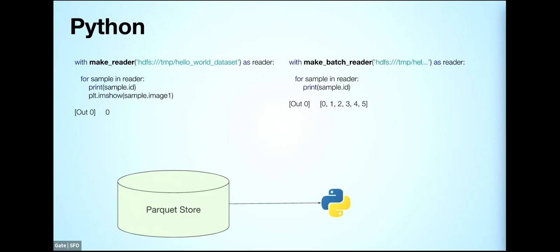We'll see how we hook this reader into TensorFlow in a second. But here you see the simplest way to access the data. You just point it to the URL, you create a reader, and you can iterate over the reader. Reader implements the iterator, the collection interface, you can iterate through it and get your samples. In this case, you're going to get named tuples.